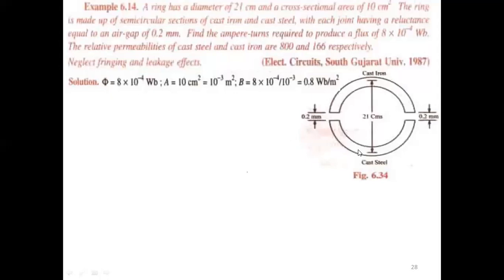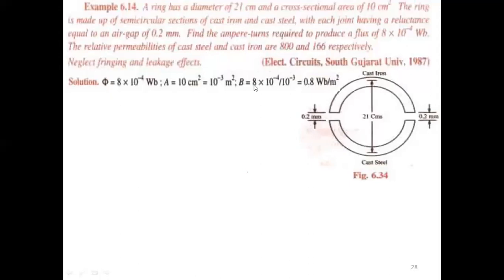Like the previous problems you solved, look at the length, convert the diameter into L, and the area is already given here. You calculate the MMF of this one; no need to worry about that. Calculate the reluctance: S equal to L divided by mu naught mu R times A. Mu R is given for this one.